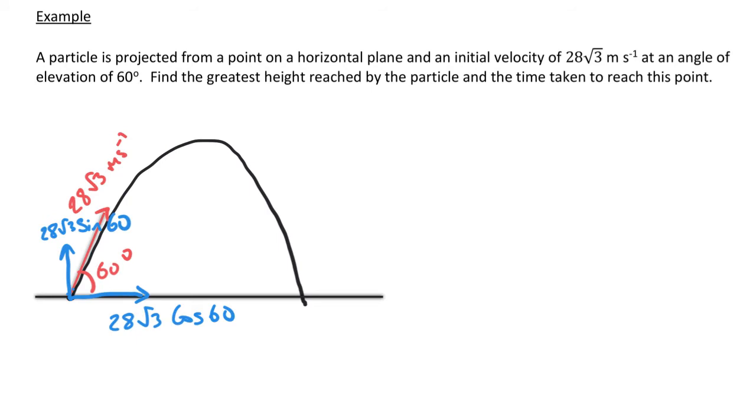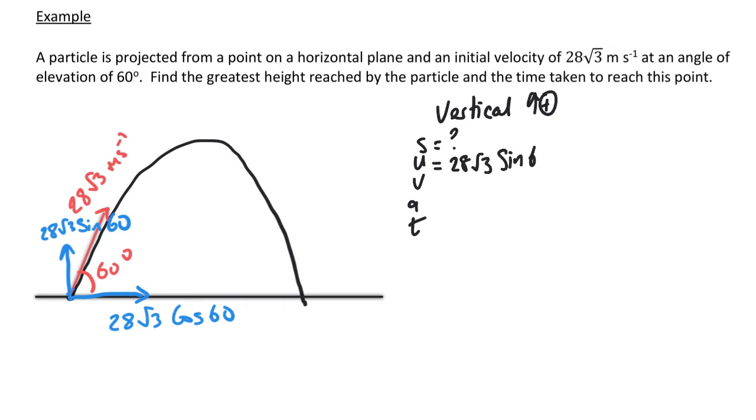So if we look at the vertical motion and consider suvat, we are looking at maximum height. The initial velocity in the vertical plane, taking up as positive, will be 28√3 sine 60. Final velocity at the maximum height is going to be 0.